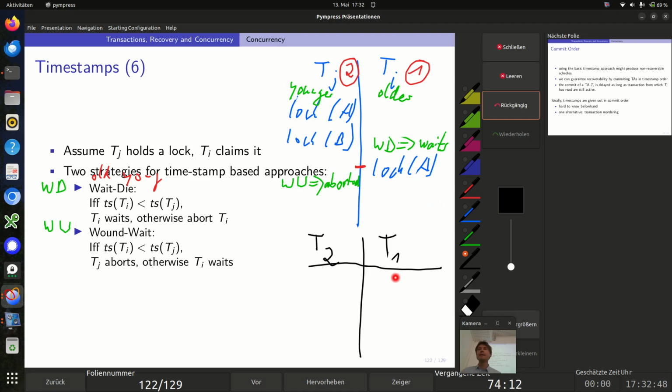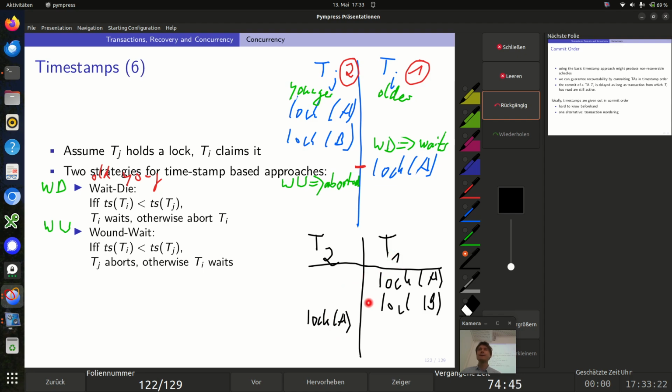So let's make the other example. Why not only switch the header of the upper graphic? So you mean actually this one. I switched the below one: lock of B and then lock of A. What happens?